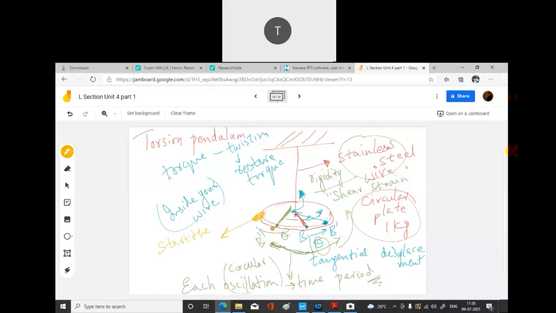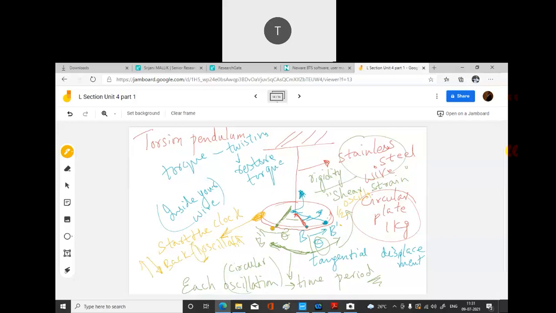Then it will keep on moving further. When it goes here, this is half oscillation. When it is back, it is one oscillation. So one oscillation means when it comes back to this position. You start here, you allow it to go, and then it has to come back. When it comes back, that is your one oscillation.